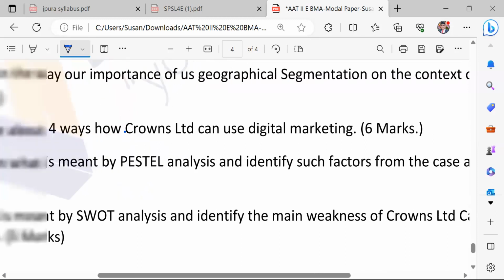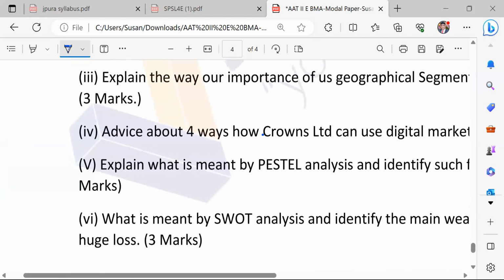Then how can we identify political, economic, social, technological, environmental, and legal factors? We can find a few, right? We can find all PESTEL factors. What you can find, you can list down, right? P, political means there is a political crisis. E, economic crisis.